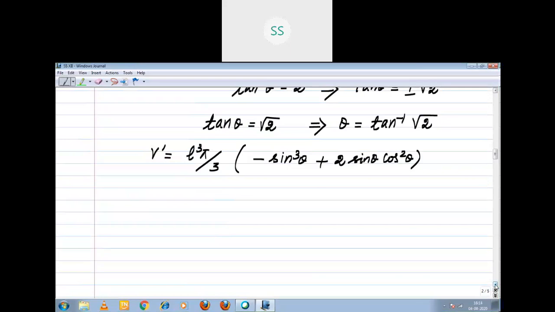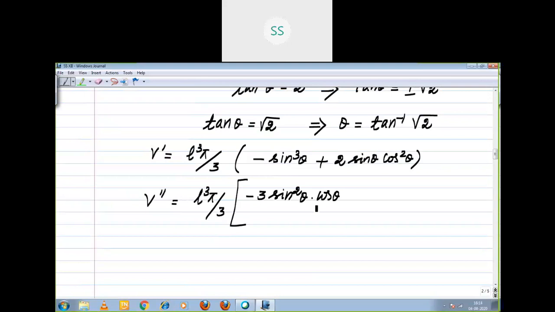Now V double dash equal to L cube pi by 3 bracket, minus 3 sin square theta into cos theta. First you have to do the differentiation for the power and then move to the trigonometry.